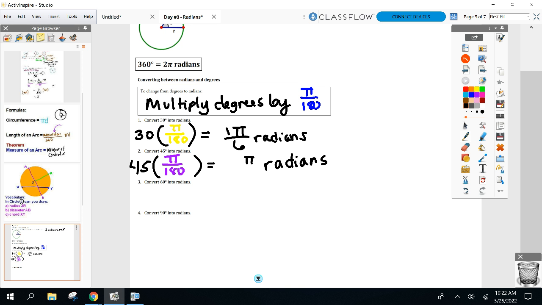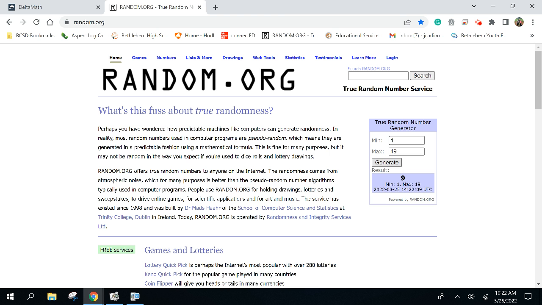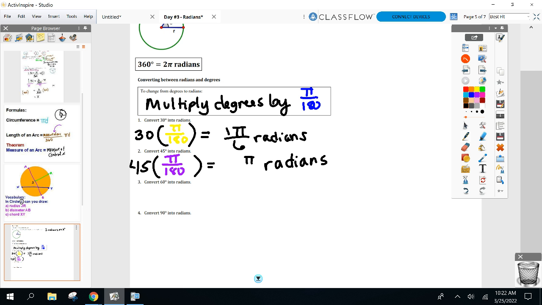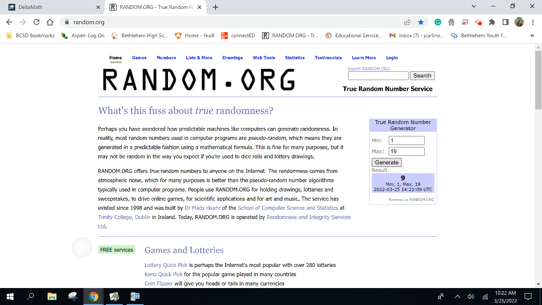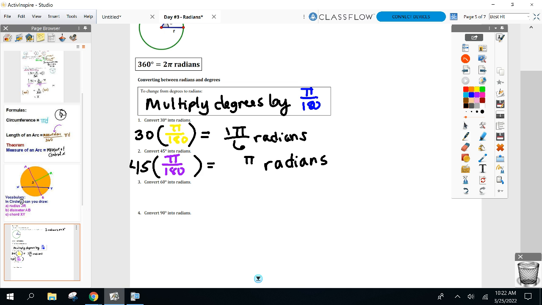What's 45 over 180 reducing to for you right now in the calculator? 4? 1 pi over 4. Yep, 1 pi over 4. And you don't have to put the 1 if you want. That's fine. Pi over 4 radians.